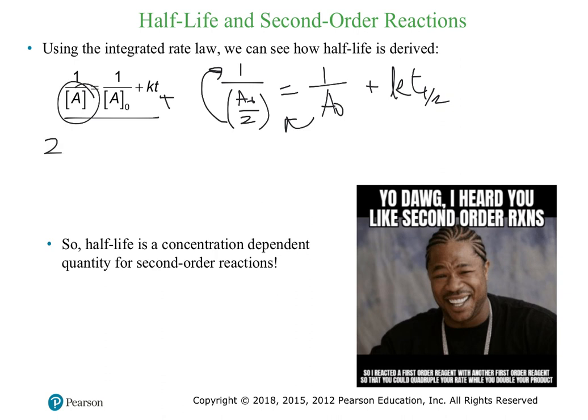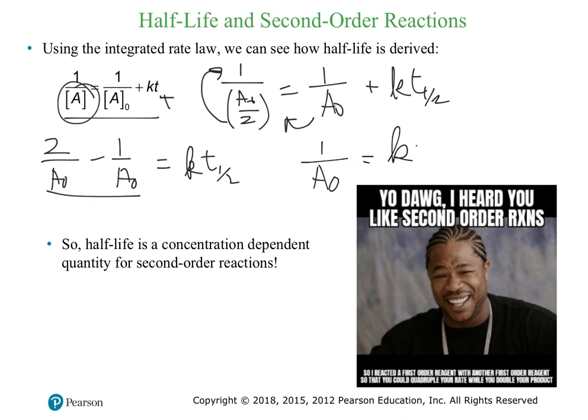So we get 2 over A naught minus 1 over A naught equals k times half-life. So 2 over A naught minus 1 over A naught is just 1 over A naught, equals k times t 1/2. So we could divide by k, and we get the half-life of a second order reaction is equal to 1 over k times your initial concentration.